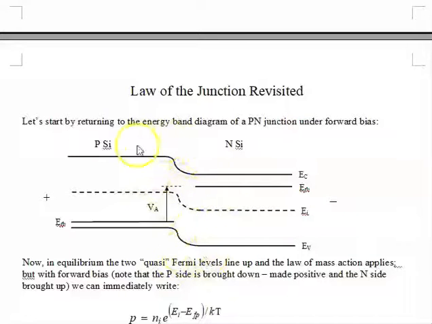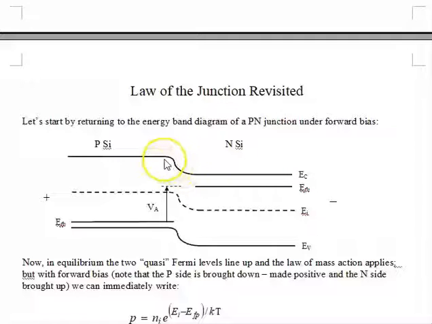We have band bending, and we have an electric field. The electric field always goes from positive to negative. Therefore, the positive is on the right side of the depletion region. These are positive donor ions that have given up an electron and become positive fixed ions embedded in the lattice.